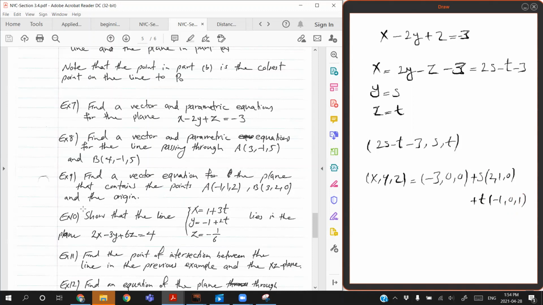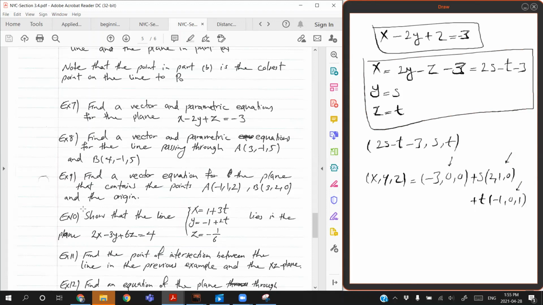So basically you can see that this is a plane that passes through this point and is parallel to these two vectors. And I was able to write a vector equation for the same plane. I was also able to write a set of parametric equations for the same plane.